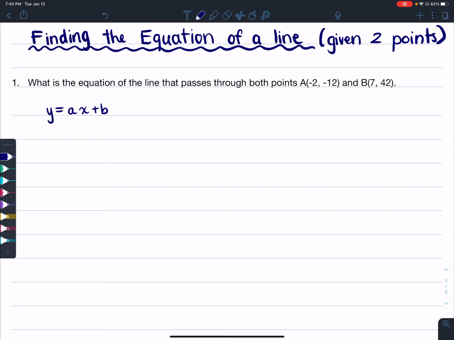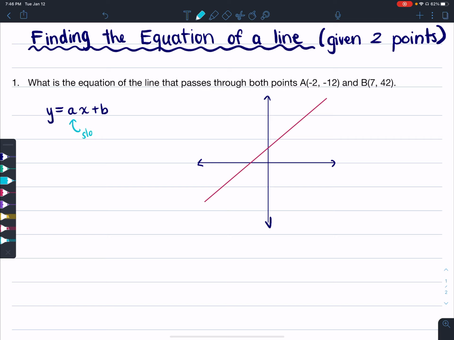That's the equation. The other thing we need to remember is what exactly this equation means and what it looks like on a graph. If I put a quick little graph in here, this line will have a slope or a rate of change, which is the a.